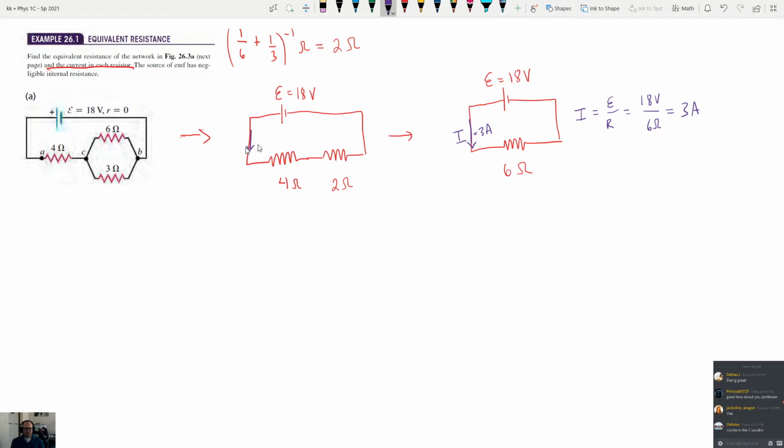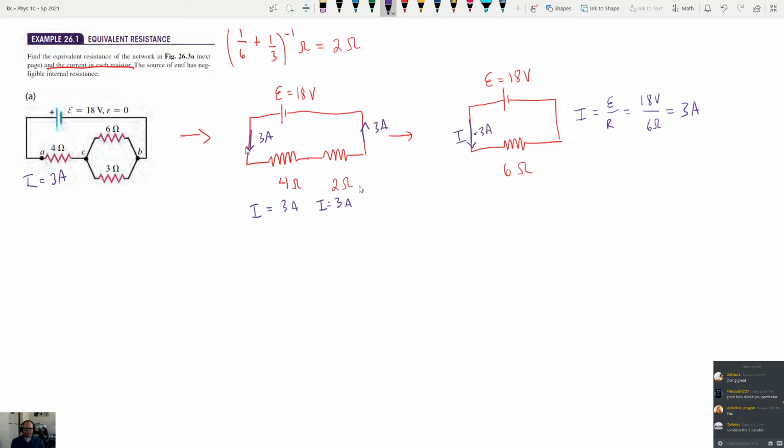Because if the current coming in here is 3 amps, then the current going out the other side is 3 amps, so the current flowing through each resistor should also be 3 amps. So we've solved that the current through the 4 ohm resistor is 3 amps.